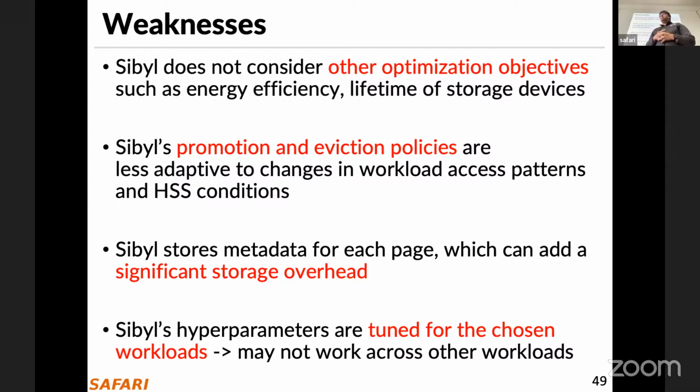You may need to tune the hyperparameters again at that point. But there are some newer works in the machine learning domain which look at online tuning of these hyperparameters, which can be adopted for improving this.